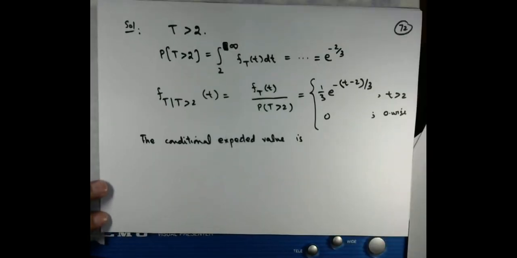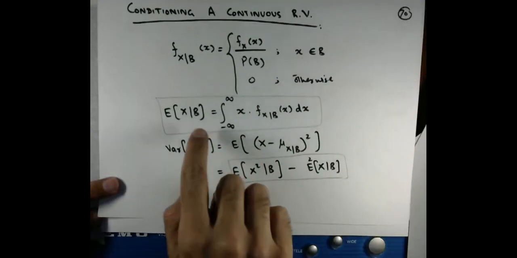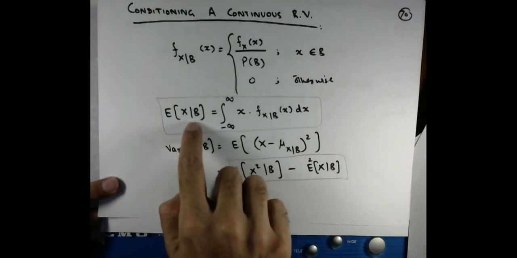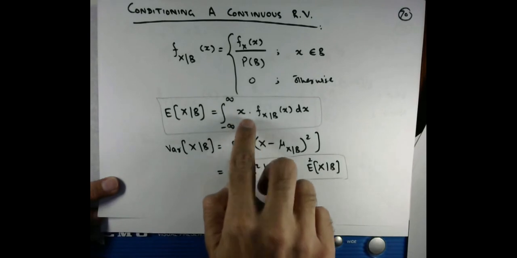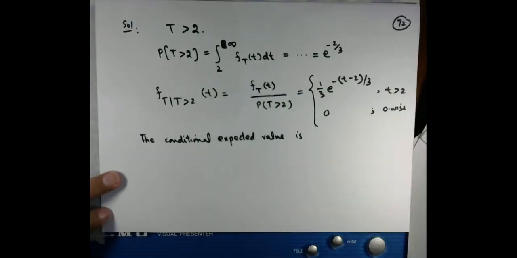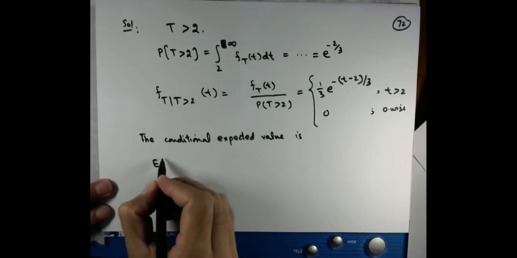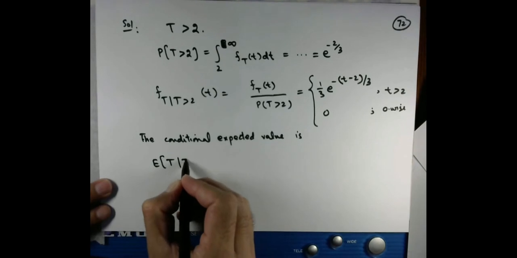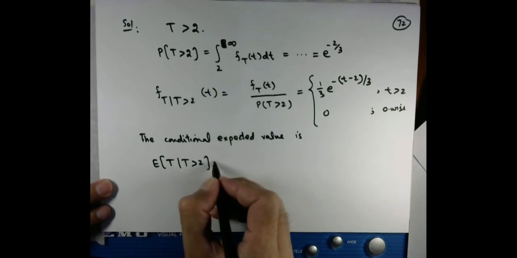So how can we find it? By using this particular formula, which says the conditional expectation is simply the parent random variable times the conditional PDF, integrated. So I simply write it as the expectation of t given that t is greater than 2 minutes.